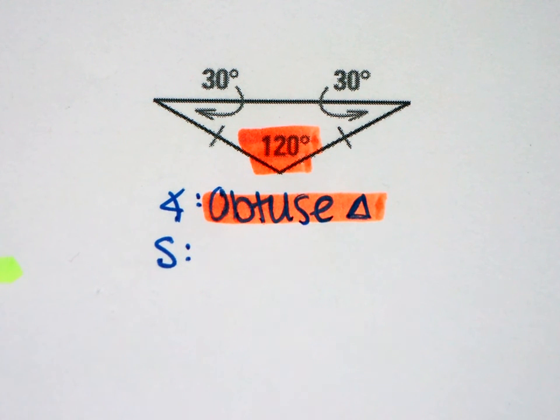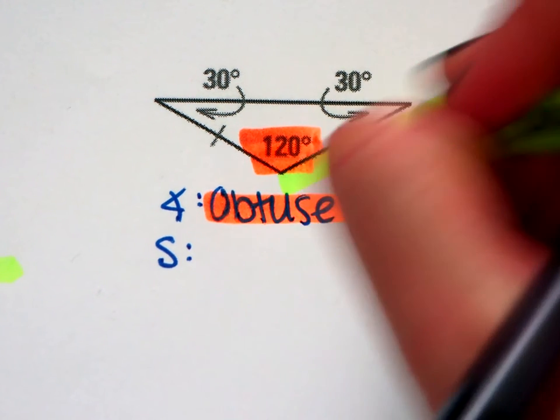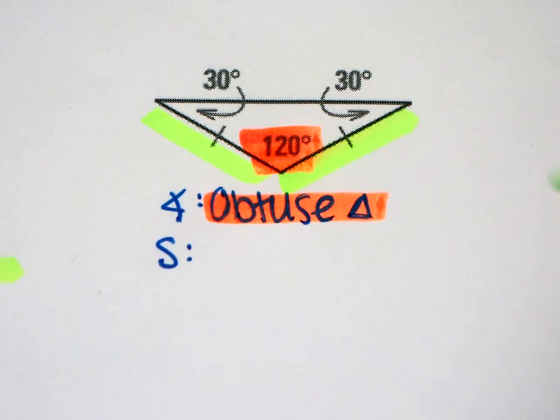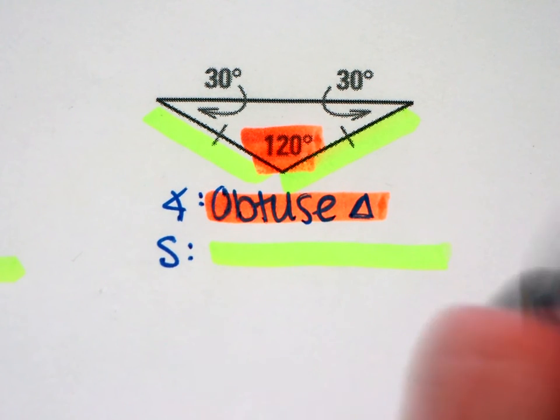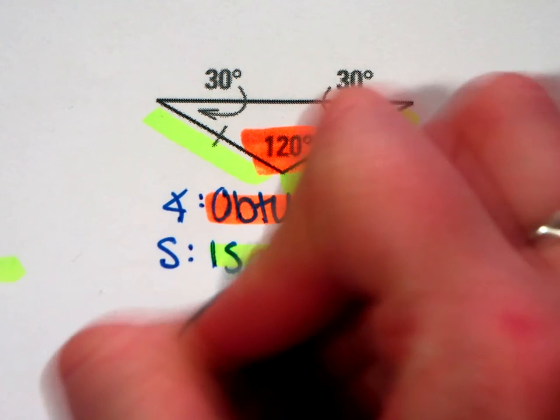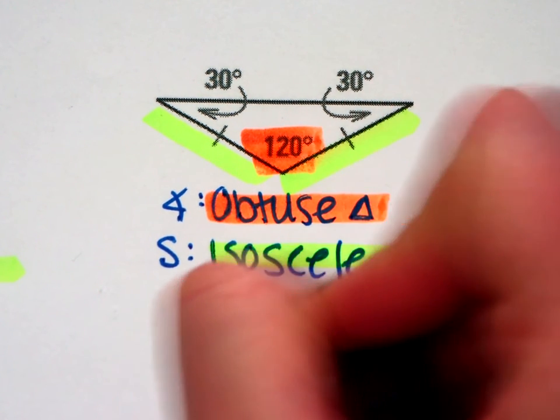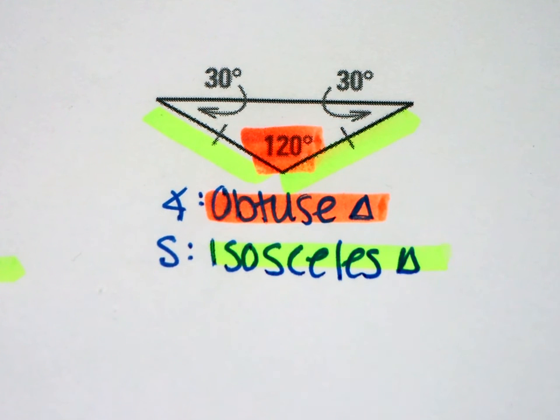Again, looking at its sides, I have two side lengths that are the same measure. I did not mean to put all of the isosceles triangles back to back, but it just so happens this also is isosceles. Two congruent sides means that it is an isosceles triangle.